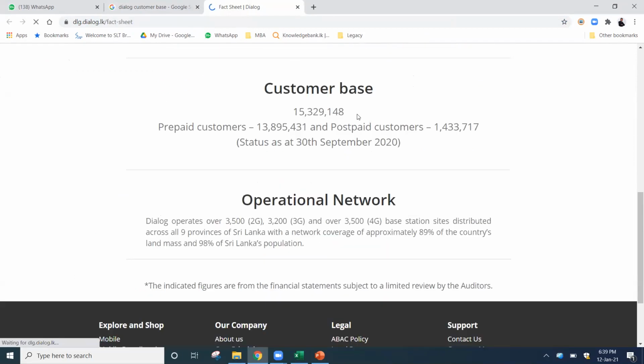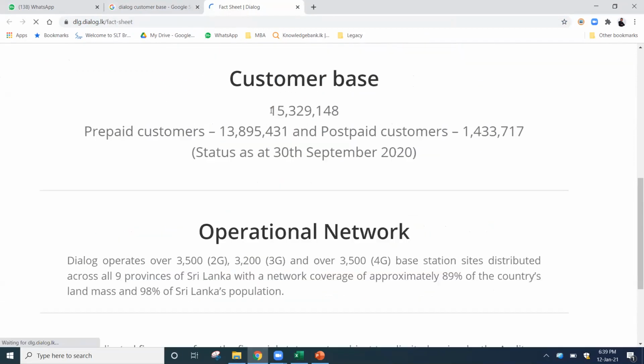See the number, 15 million customers. Let's assume that they have to maintain ledger accounts for each customer. So 15 million customer accounts they have to maintain. Receivables, right? Customers.